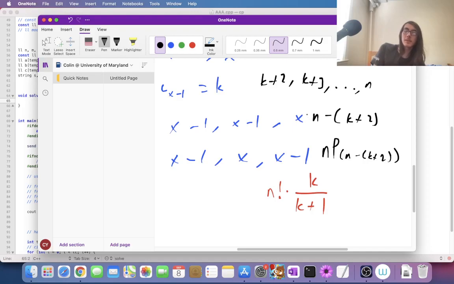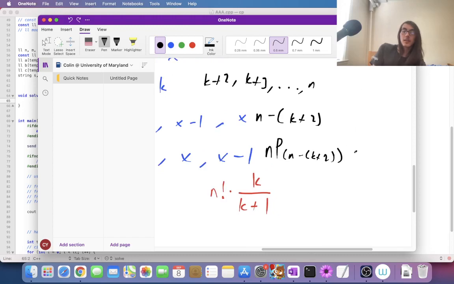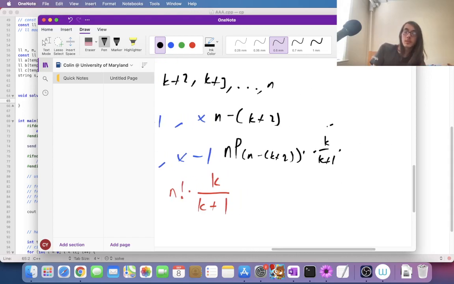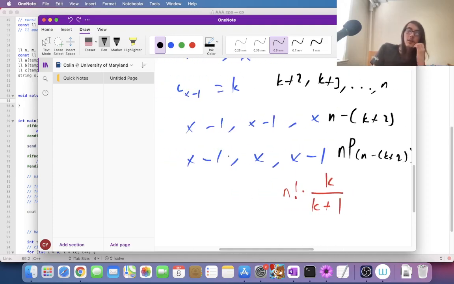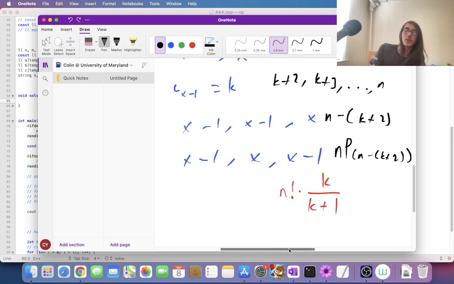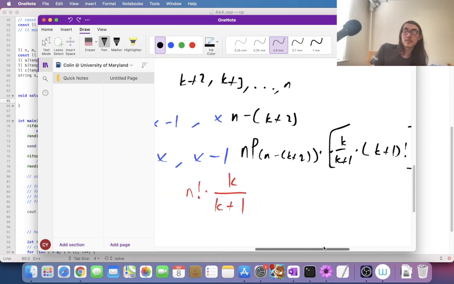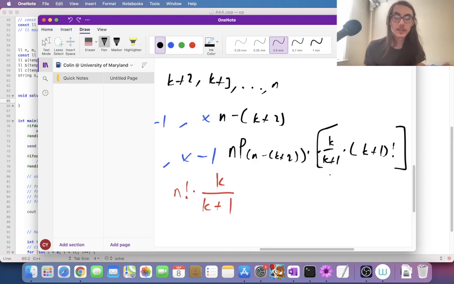And then that will be multiplied by the number of ways to make this permutation work, which is k over k plus 1 times k plus 1 factorial. And the reasoning is because we're considering these permutations independently, and this ratio still stands, that of these permutations, only that ratio of them works, because any permutation where x is last is bad. So this is another way to think about it. My code takes that approach, and then it converts this to an integer. This is k plus 1 factorial minus k factorial.